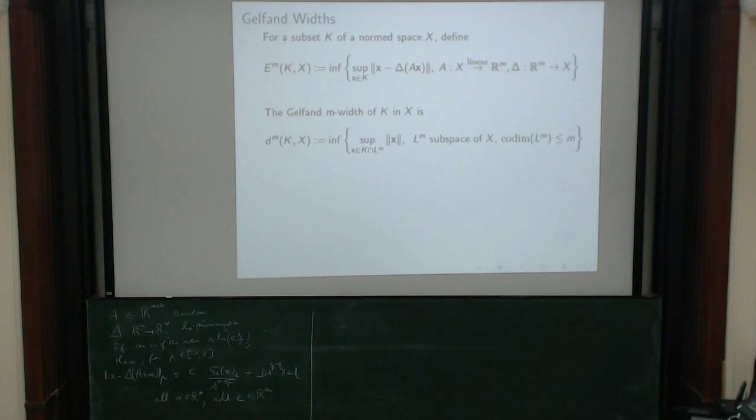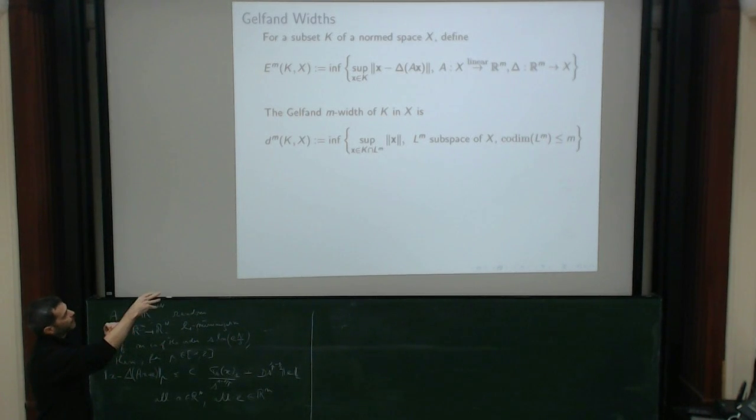So now what is the Gelfand width? So with parameter M, there's also a parameter M here. So suppose you take the same subset K, and you're going to slice it with subspaces of X that have codimension less than or equal to M. Okay, so you take your subset K, you slice it with Lm, and then you look at the diameter in a sense.